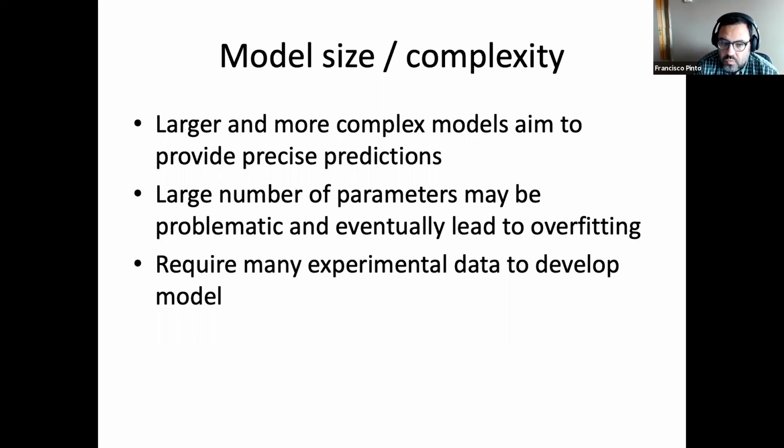But if you want a model that makes quantitatively accurate predictions, for example, if you want to use that model to engineer a biotechnological application, then we want an accurate model. And for that, we have to work with more complex models, with more parameters. And the most difficult part there is going to be finding the right set of parameters.